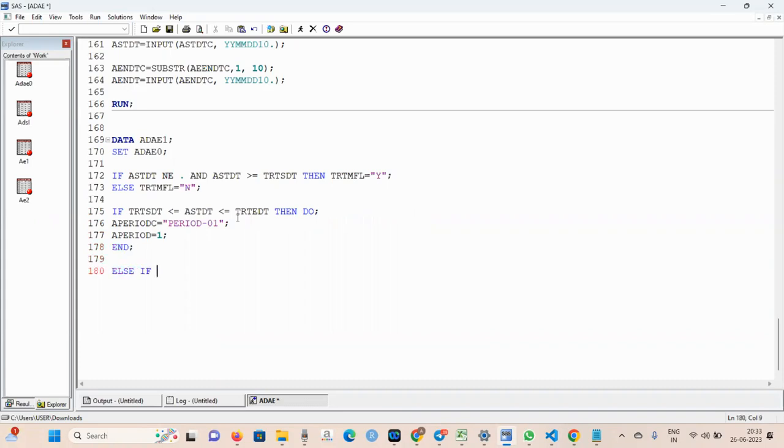Else if ASTDT is greater than or equal to the treatment ended, then the analysis period equals period 2.